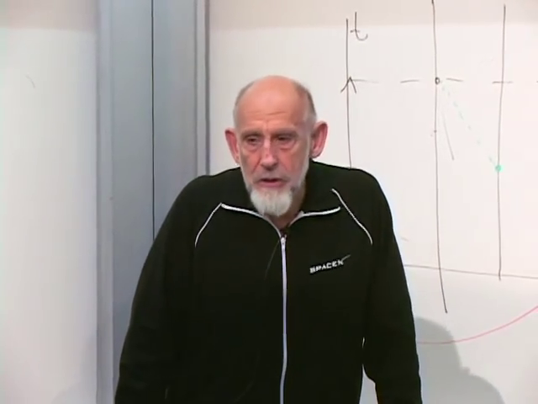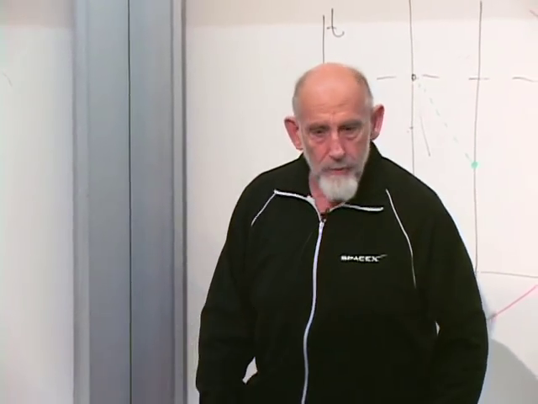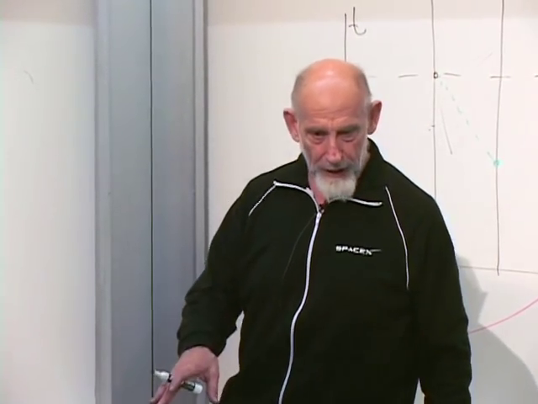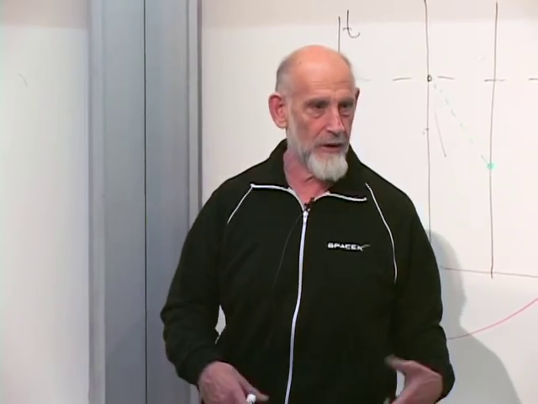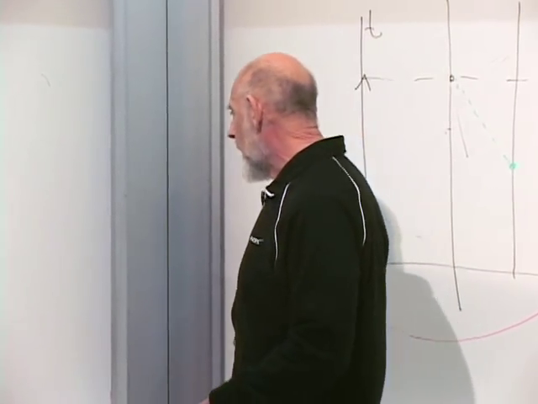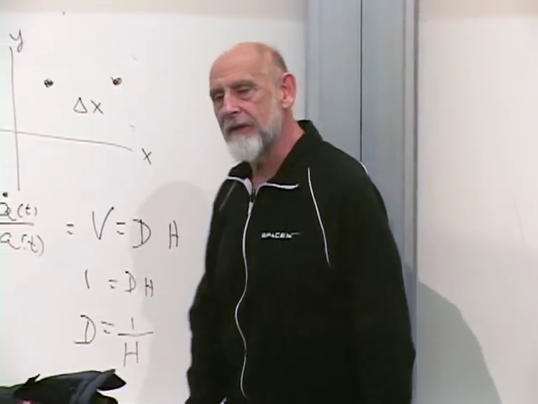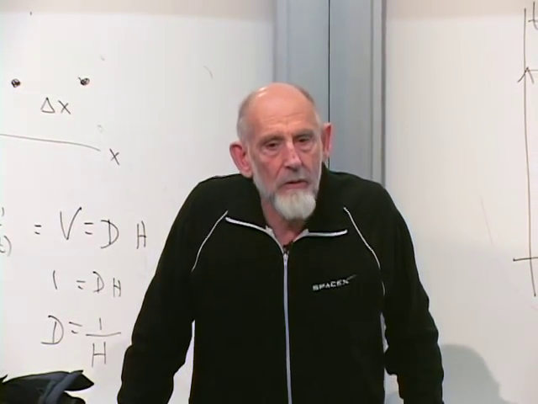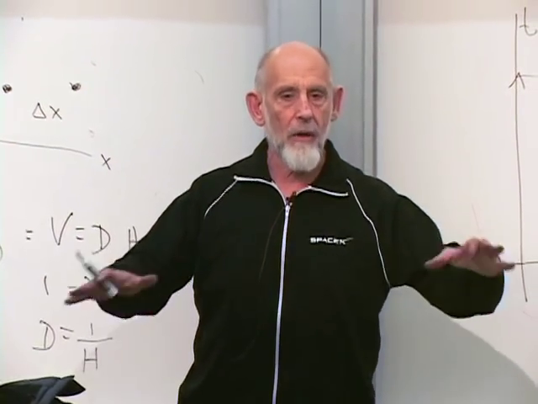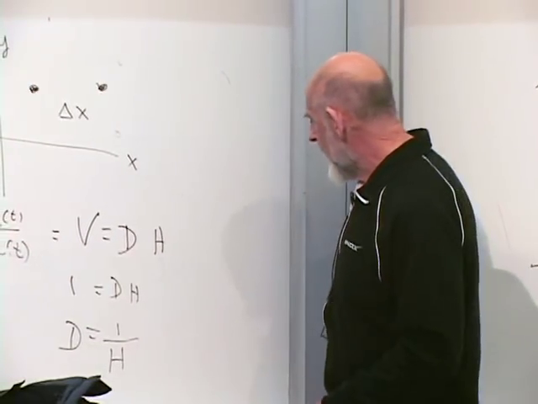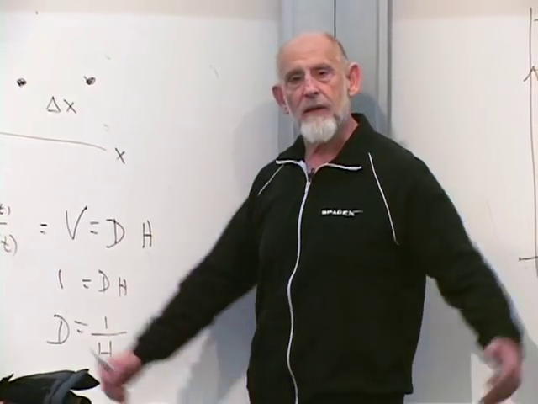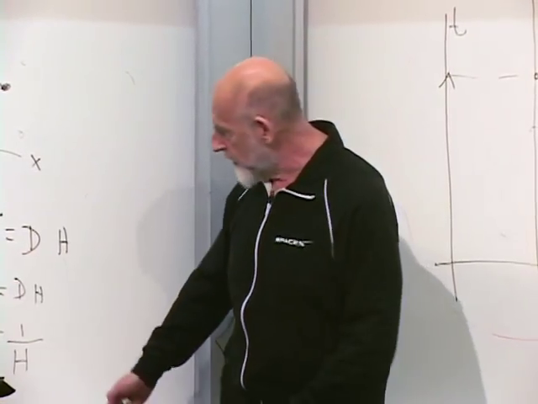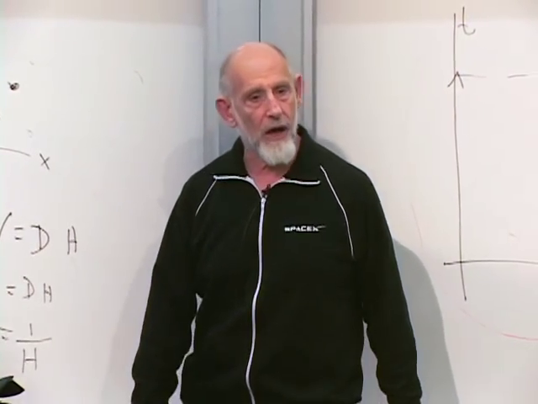Now, in most cosmologies that were studied in the past, the Hubble constant decreased with time. As time went on, the Hubble constant got smaller and smaller, which meant that the distance out to where things are moving with the speed of light relative to you gets larger and larger with time.